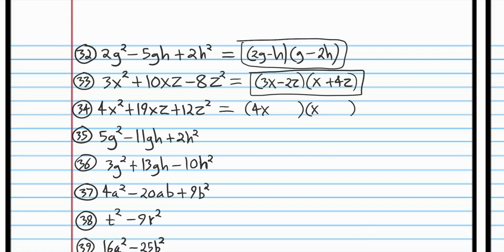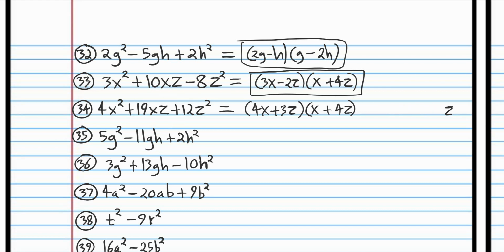So let's go back to the 3z and 4z. So now O and I of FOIL, multiply the outside terms, and you get 16xz. And multiply the inside terms, and you get 3xz. And 16xz plus 3xz is 19xz, so that works.